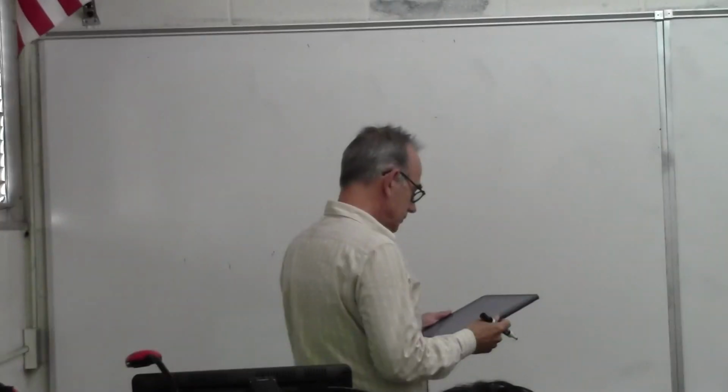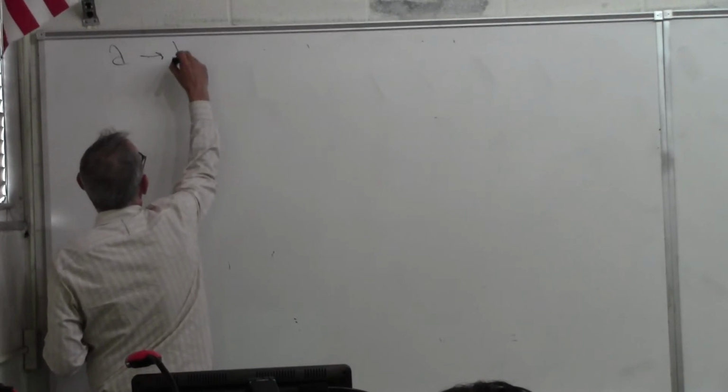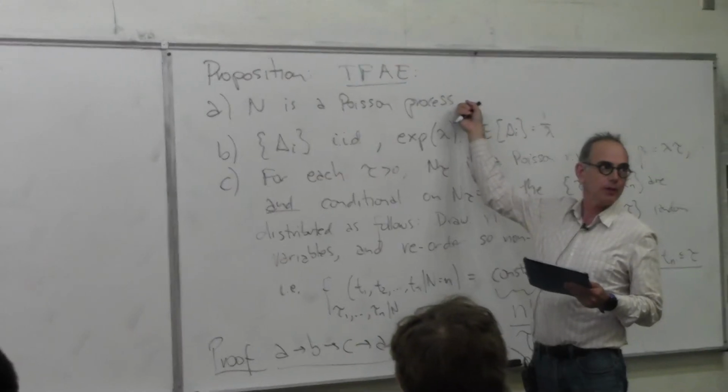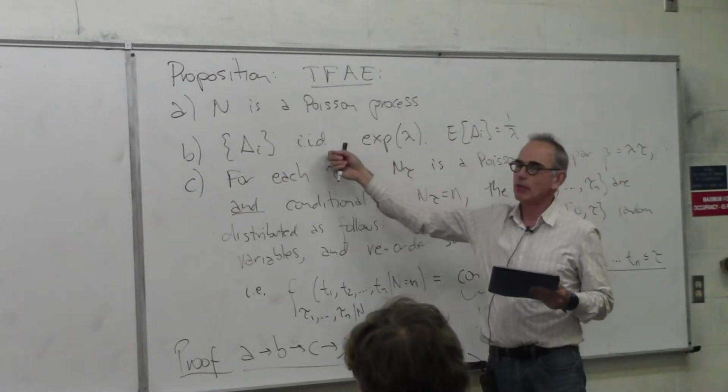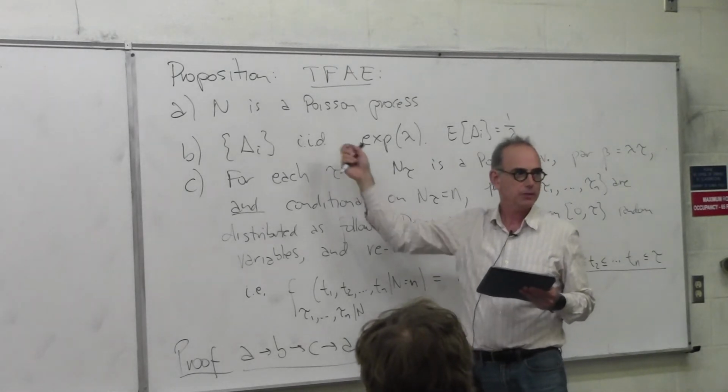All right. So A implies B. What we have to do is, you can see it's a lot of information. I'm starting off with this Poisson process with one definition, and somehow I have to say that these building blocks are IID and with an exponential distribution. So how do you do that?